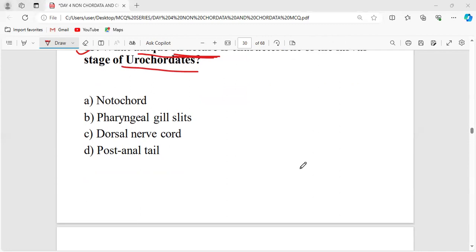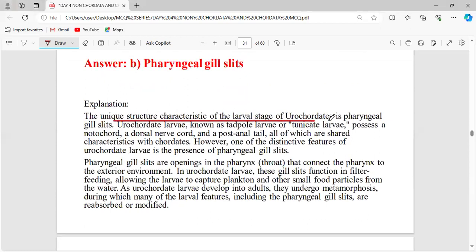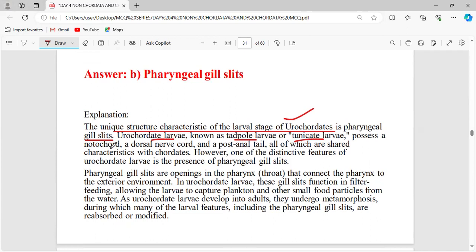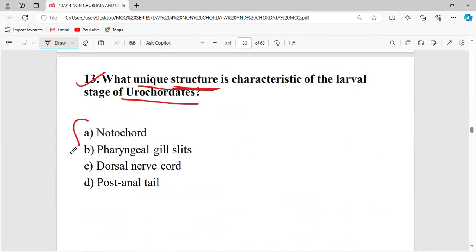Notochord is seen in all other chordates also. The unique characteristic feature of the larval stage of Urochordates is pharyngeal gill slits. The Urochordate larva is also called tadpole larva or tunicate larva. It has a notochord, a dorsal nerve cord, and a post-anal tail. Of course, it has all the important characteristic features present in other chordates like cephalochordates and hemichordates.